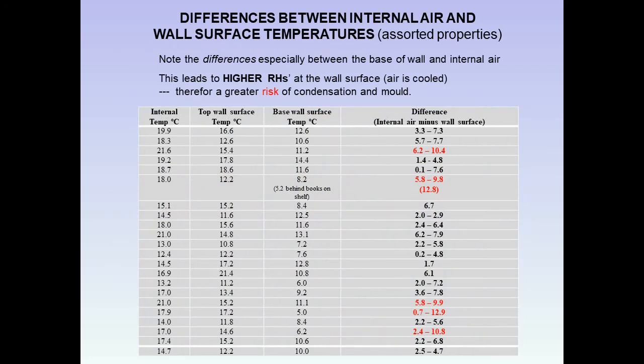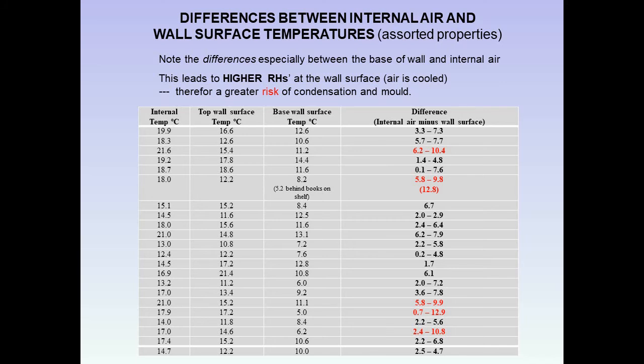And here's some examples of surface temperatures and the differences between internal air and those surfaces. Obviously assorted properties. The main thing to note is the difference, especially between the base of the wall and the internal air. And of course this coldness, or colder than the internal air, leads to higher relative humidities in the boundary air at the wall surface, and therefore a greater risk of condensation and mould.